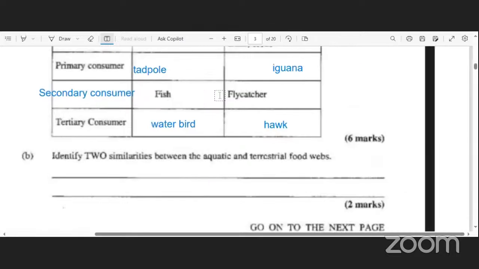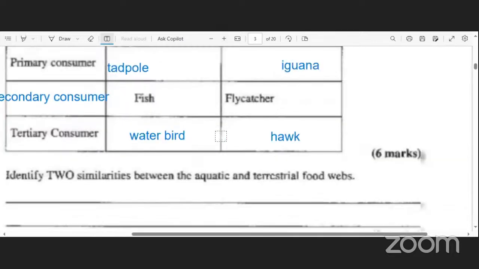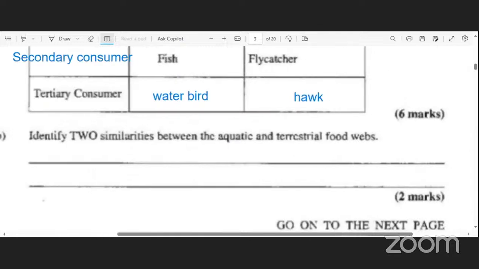Identify 2 similarities between the aquatic and the terrestrial food webs. What are 2 similarities between the food webs, students?